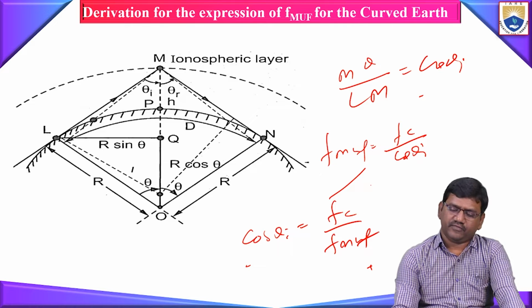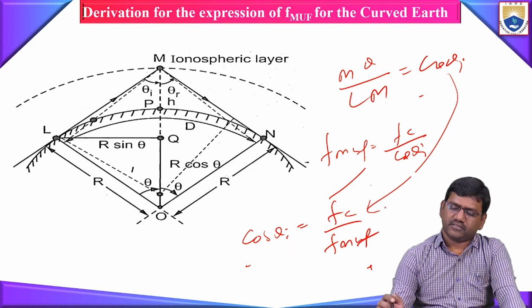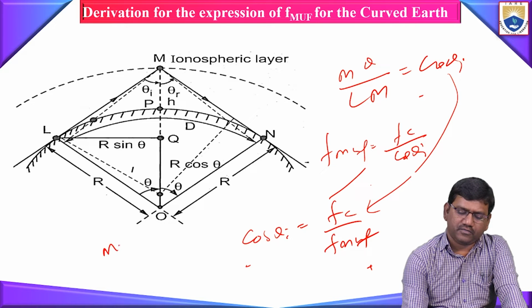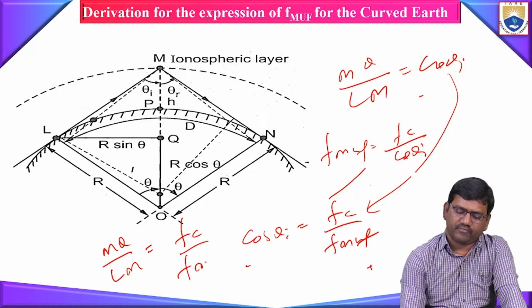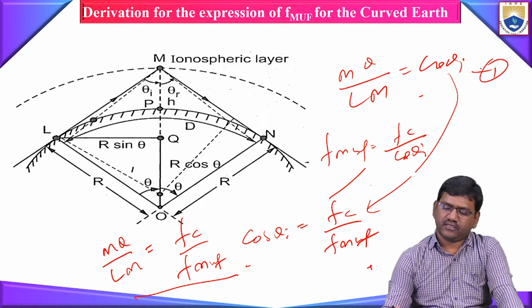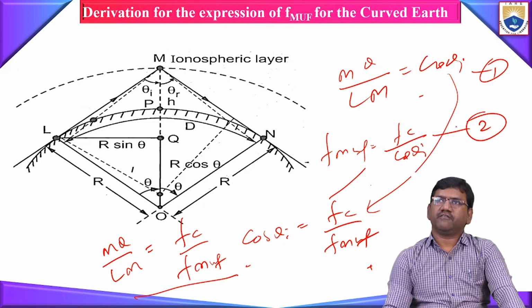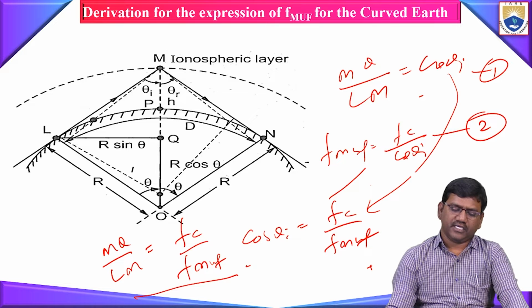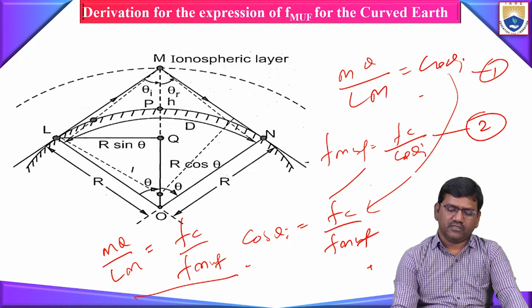If you assume this as equation 1 and this as equation 2, equating 1 and 2, we get MQ by LM is equal to FC by F mof.